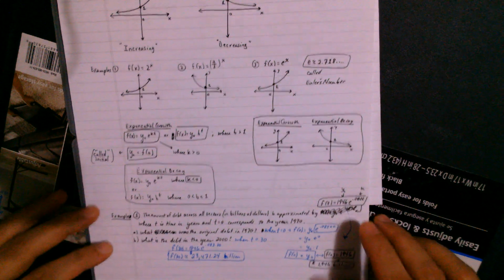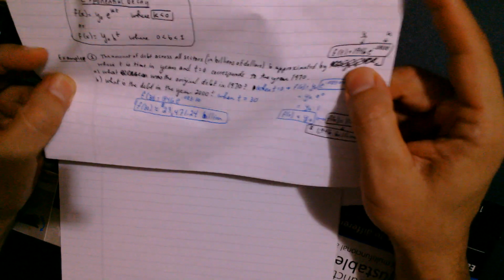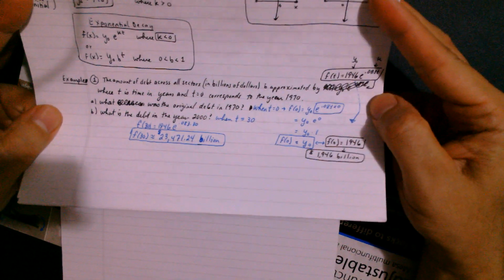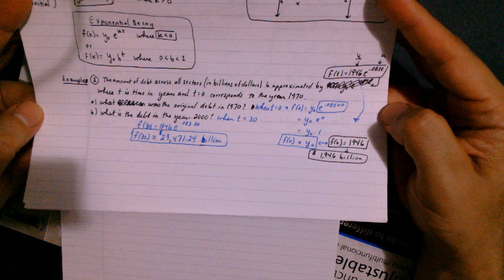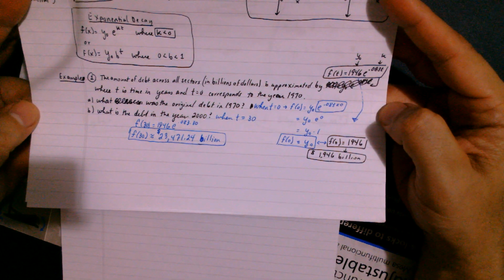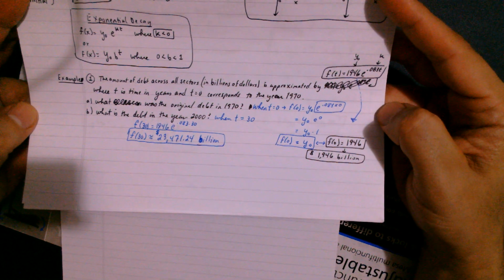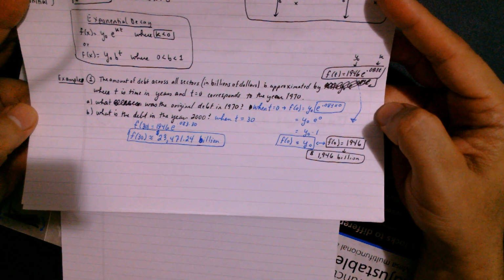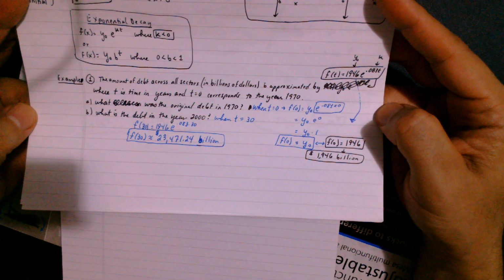So now, briefly here, if I may. The amount of debt across all sectors in billions of dollars is approximated by the function f of t equals 1946 times e raised to the 0.083 t, where t is time in years and t equals 0 corresponds to the year 1970. What was the original debt in 1970?